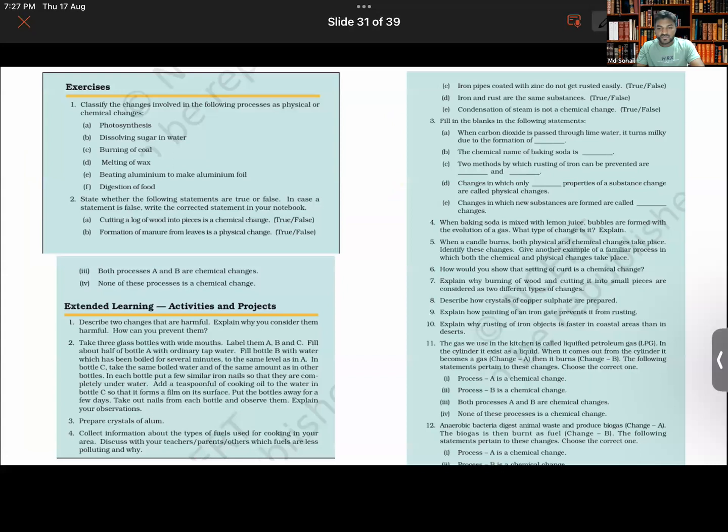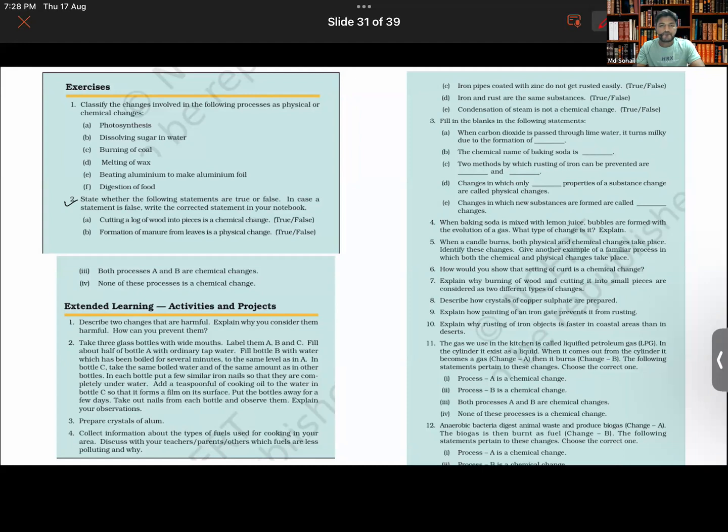What does the second question say? Read the question, Vaiga. Question number two, true or false. State whether the following statements are true or false.